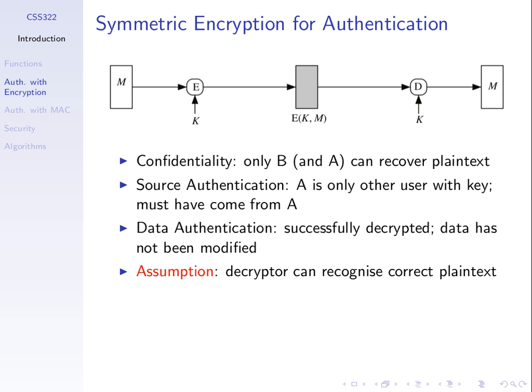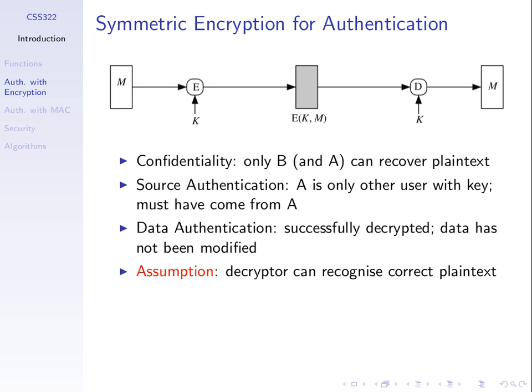The receiver tries to decrypt with the corresponding shared secret key K using the same algorithm, triple DES for example, and they get some output plaintext, some message. This of course provides confidentiality. Only B and A can recover the plaintext. Only they can see the plaintext.